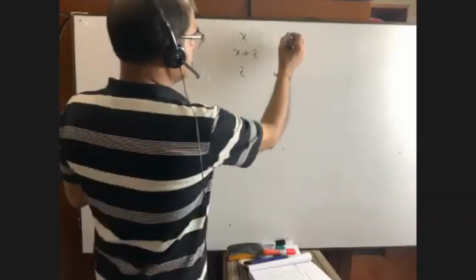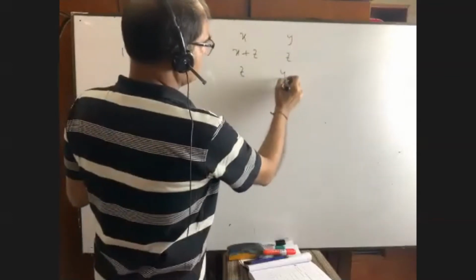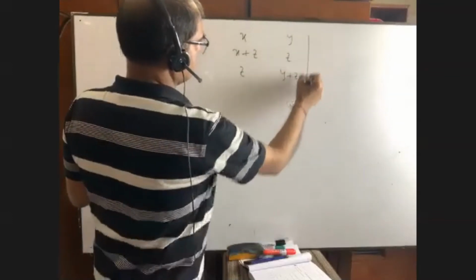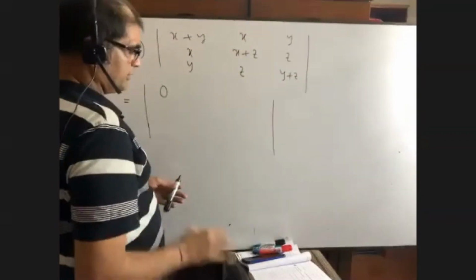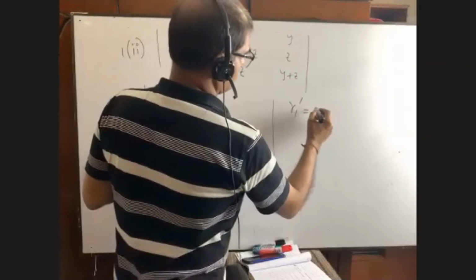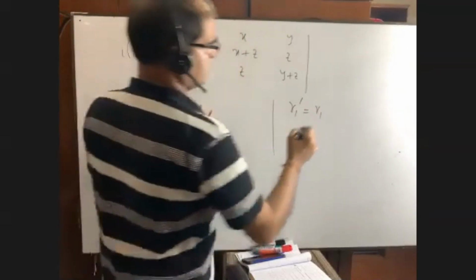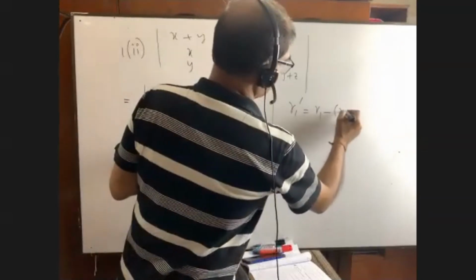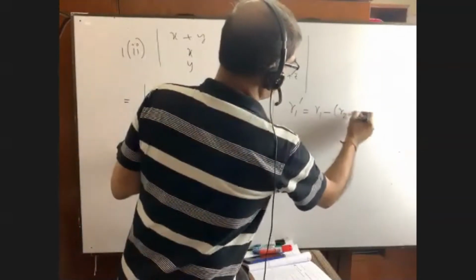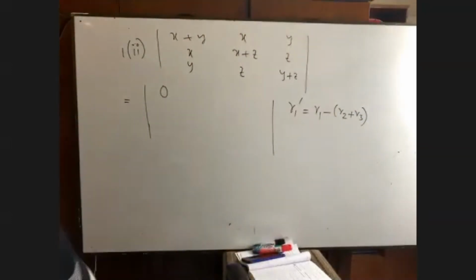It is y, z, then it is y plus z. You write down row 1. Row 1 equals row 1 minus row 2 plus row 3. Have you got it? Same thing we will get here.